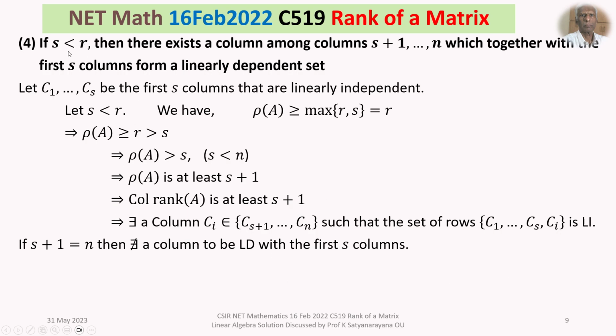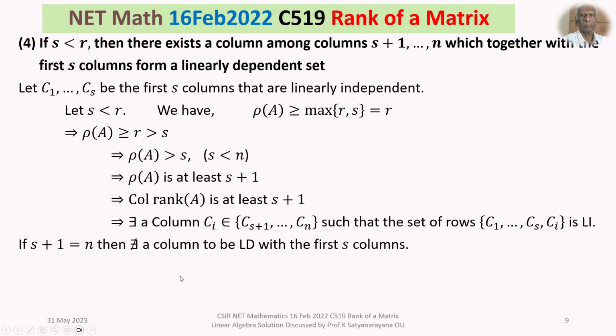Now, there are no conditions on S and N except S less than R. Suppose S plus 1 is equal to N. That means there are S plus 1 columns. The columns are already over. C1, C2, up to Cs and Ci, these S plus 1 columns are all there is. Then there is no column left which will be linearly dependent with the first S columns.